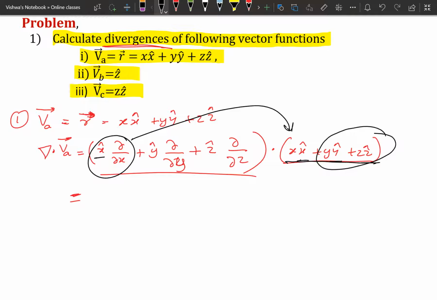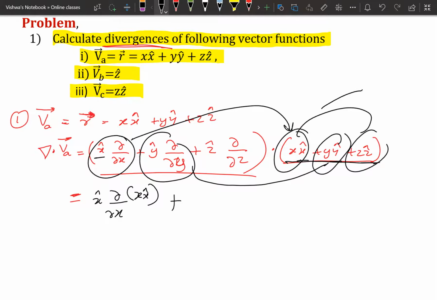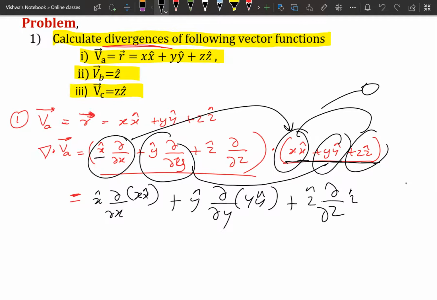So the first term becomes x cap dou by dou x of x x cap. Similarly, the second term is a multiple of this one only, and the two remaining become 0. So y cap dou by dou y of y y cap, plus the third term is also similar, dou by dou z of z z cap.